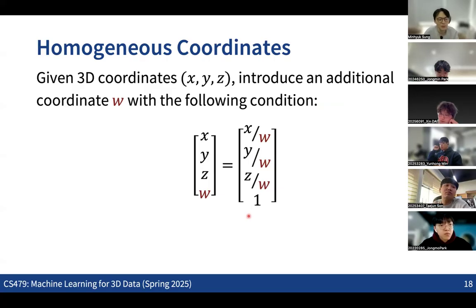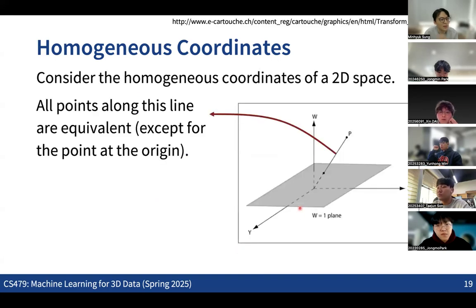Let's see a visualization for the 2D plane case. In this 2D space, while we only have the x and y coordinates, now we are introducing the new coordinate, w, right? If we have any point here, multiplying any scalar to this point gives different coordinates for the same point.